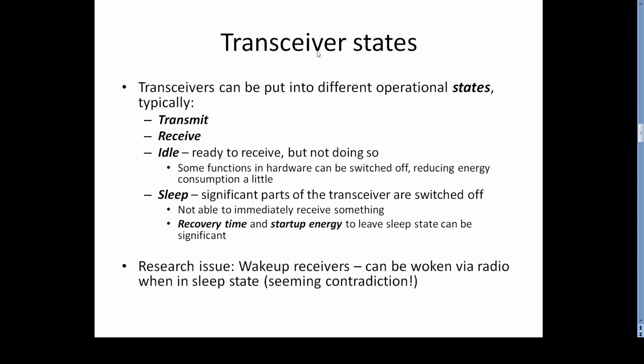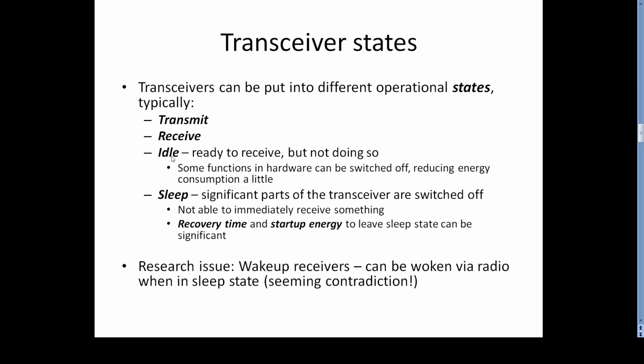Coming to the transceiver states, we have 4 states: transmit, receive, idle, and sleep. In the transmit state, the transmit part of the transceiver is active and the antenna radiates energy. In the receive state, the receive part is active.